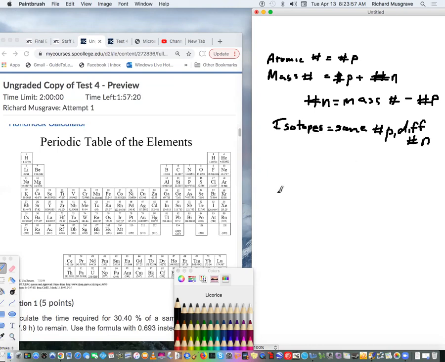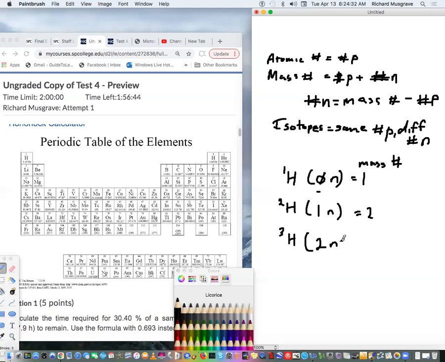So for example, with hydrogen, we have 1H, which has 0 neutrons on it. And it weighs 1, right? So this is for the mass number. 2H, which is deuterium, has 1 neutron and it weighs 2. And then we've got tritium, which has 2 neutrons and 1 proton and it weighs 3. So all these have 1 proton, but they have different numbers of neutrons.